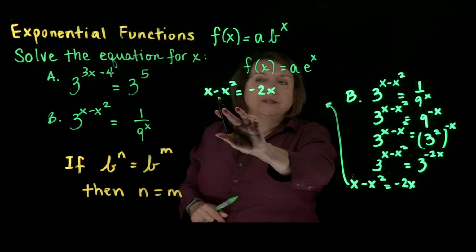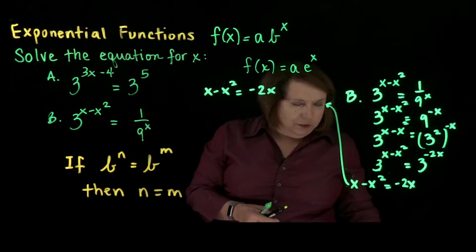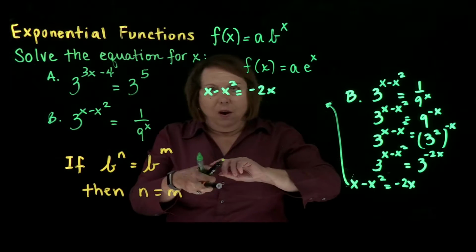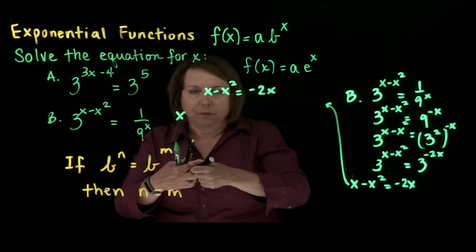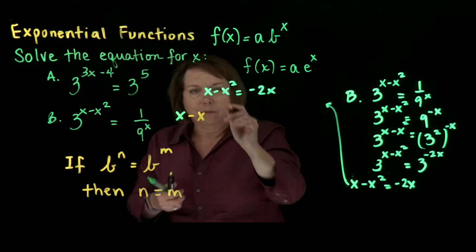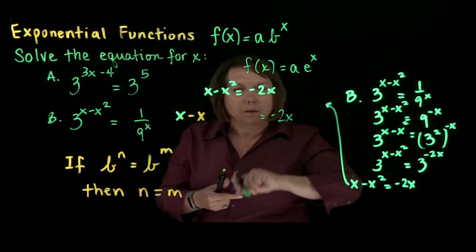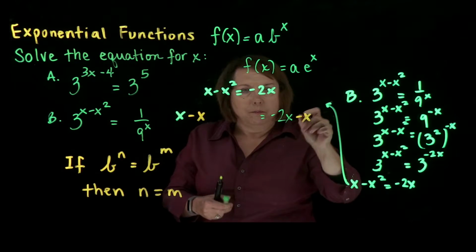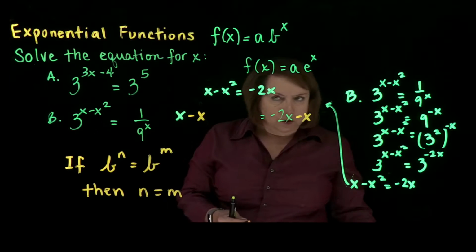So let's go ahead, since I have minus x squared here, and I'm going to show the work for this here. So I'm going to subtract x from both sides. And on the right side. And then I want to add x squared to both sides.